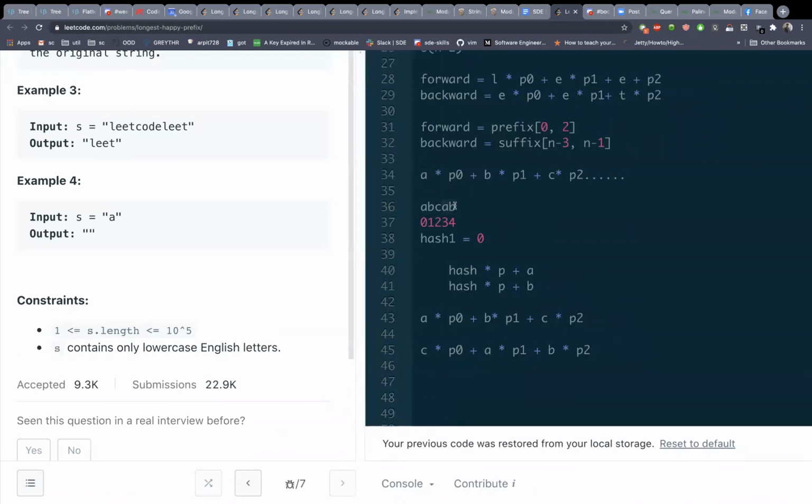AB hash was A into P0 plus B into P1. Hash of B is just B into P0. When we calculate the hash of AB, we are reusing the hash of B that we already calculated.